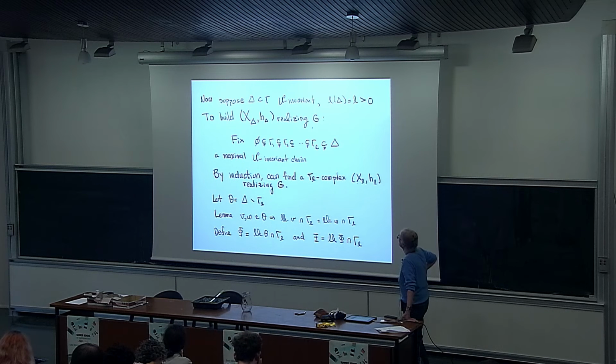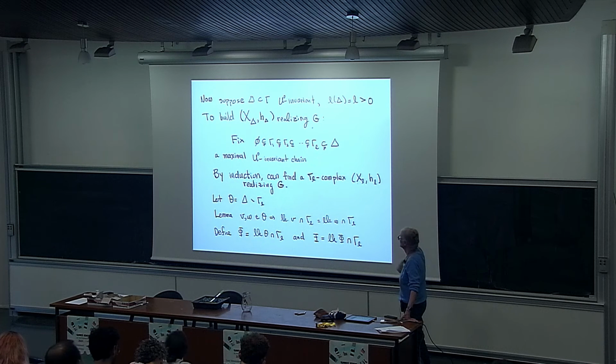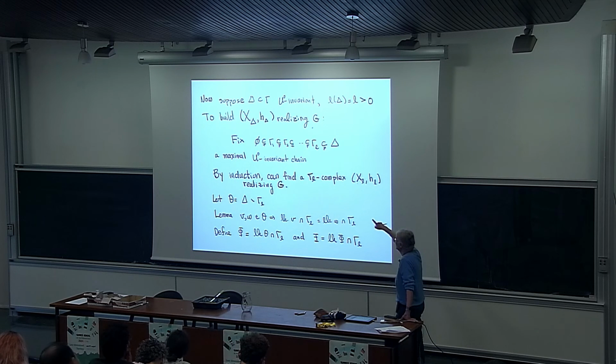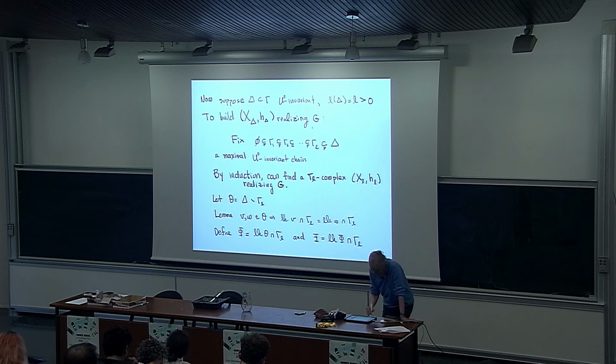So what do we do? We fix a maximal chain. And by induction, we can find complexes that realize the group on all of those sub-graphs in the chain. And then you study the structure of the graph of invariant chains like this. What do they look like?